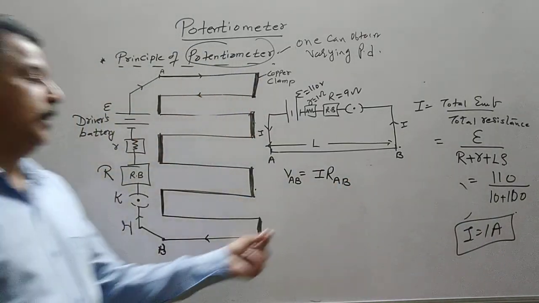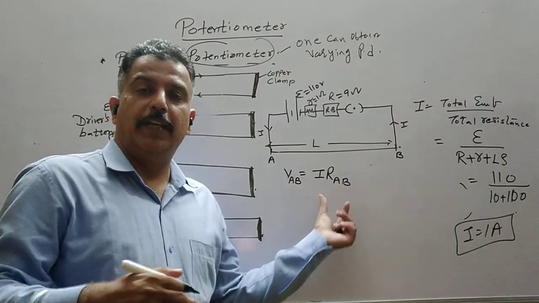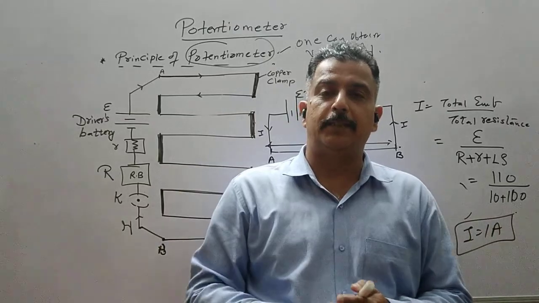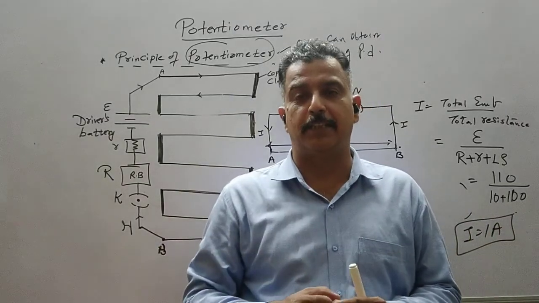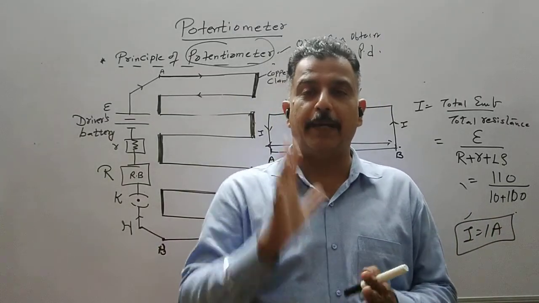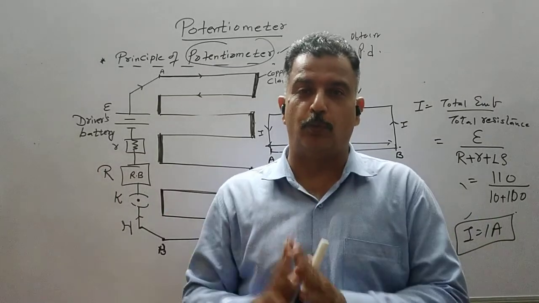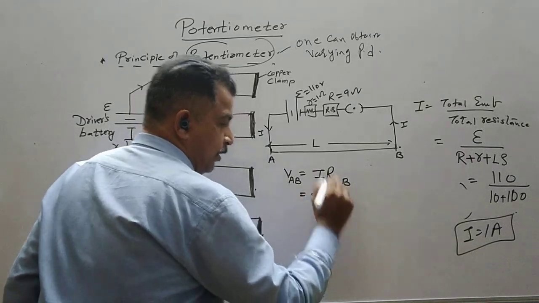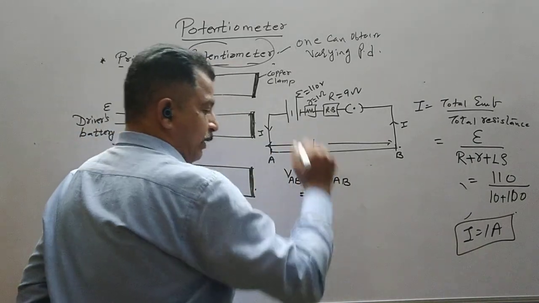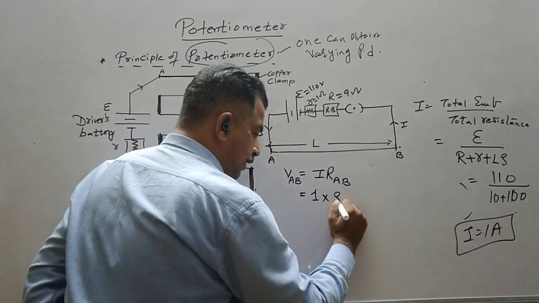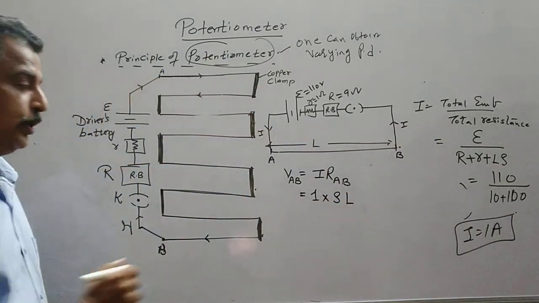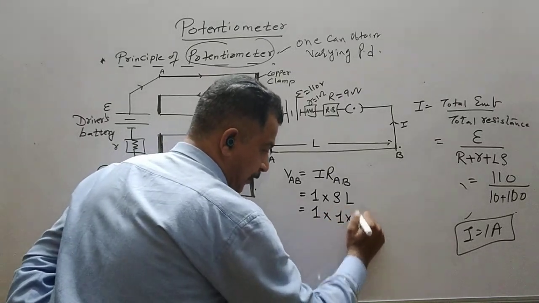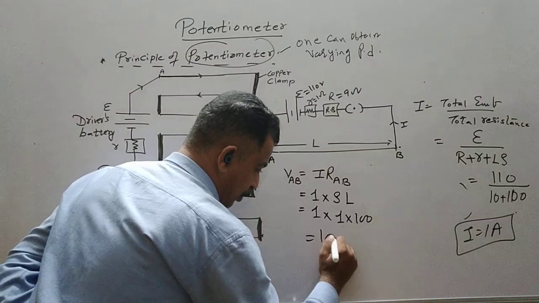Whenever we want to find the potential difference across two ends, or across any two points in the circuit, you connect a voltmeter parallel to it and then use Ohm's law. So I is 1 ampere. Now the resistance of this wire will be written in terms of rho, that is rho into L. So this is equal to 1 into rho, which was taken as 1, and the length is 100. So this is equal to 100 volt.